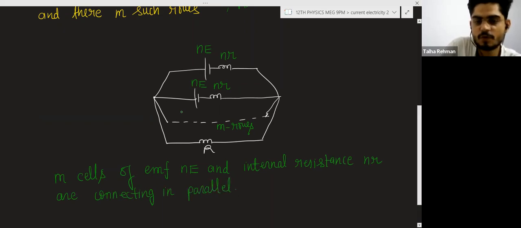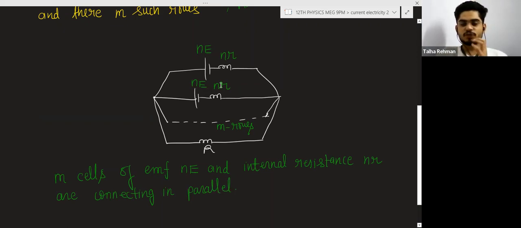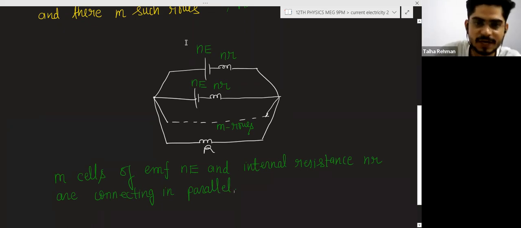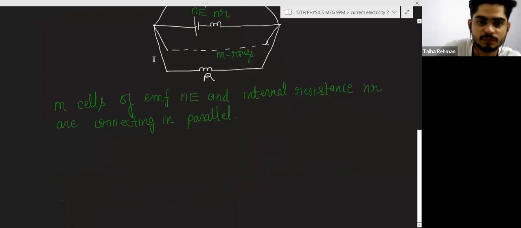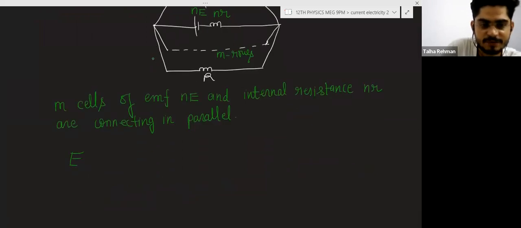Please remember one point: as this is a parallel combination, the equivalent EMF will remain the same. The equivalent EMF will be the EMF of a single cell, so the equivalent EMF will be n times E. And as this is a parallel combination, for the equivalent internal resistance you will solve it like this: you will add nR, m times.